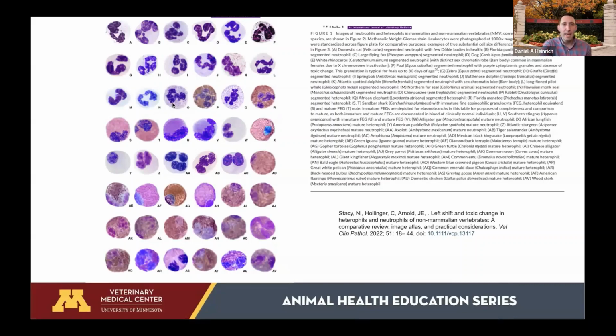G is from a zebra right here. Q is an African elephant right here. And then R, for instance, is a manatee. And so it's just trying, again, to show everyone that all of these species, all of their white blood cells can look a little bit different.